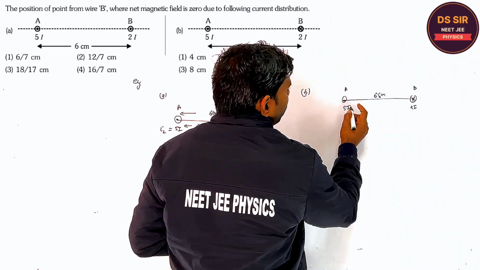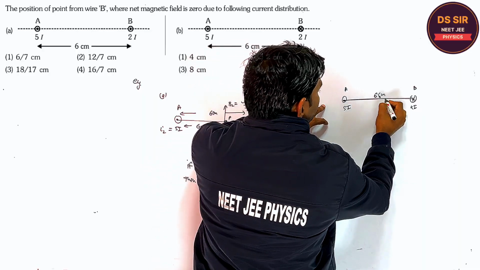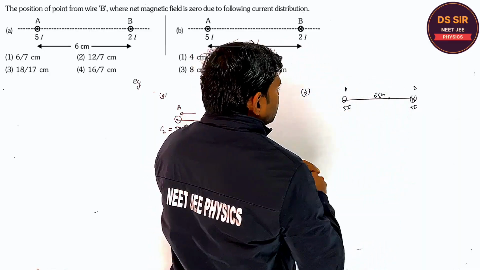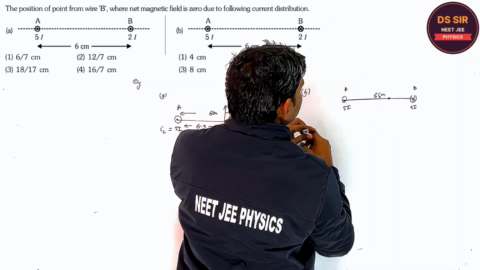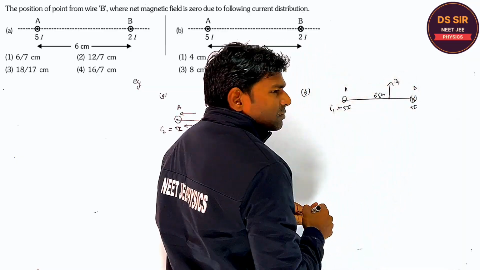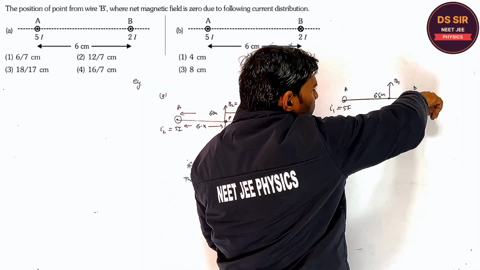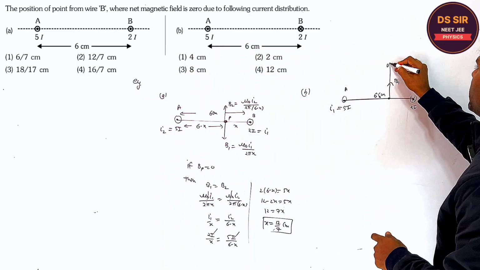If you want to find the position where the net magnetic field is 0, if you choose any point, because of this wire the magnetic field is, suppose, B1 in this direction, and because of this wire it is also upward. Very good.